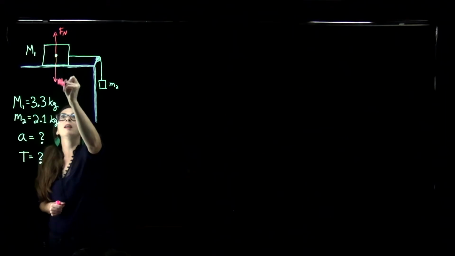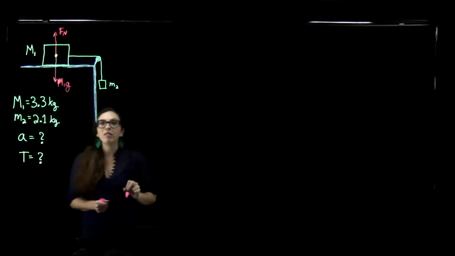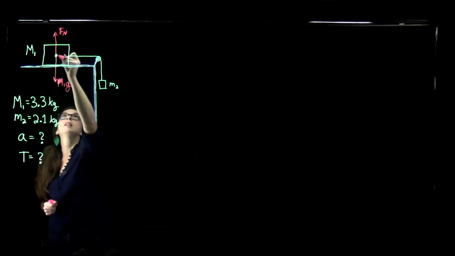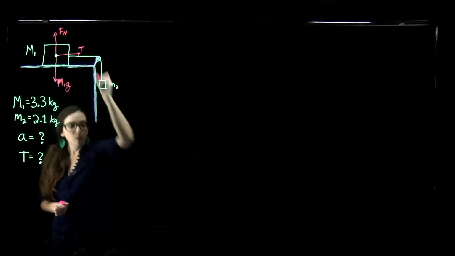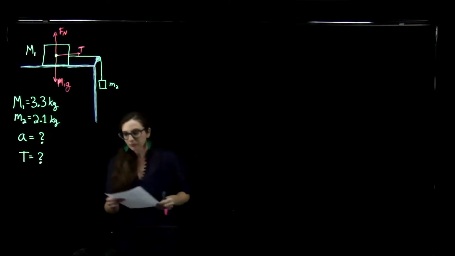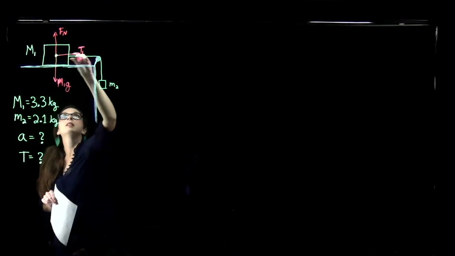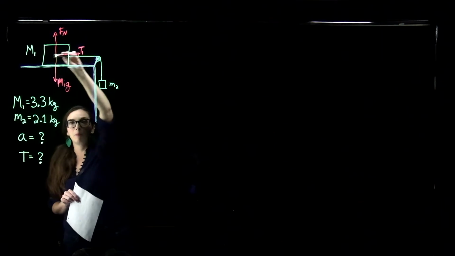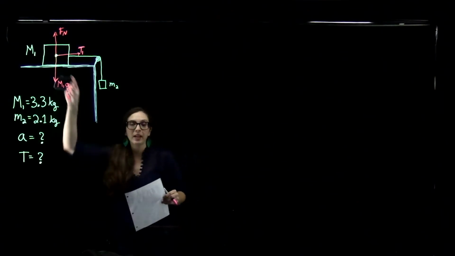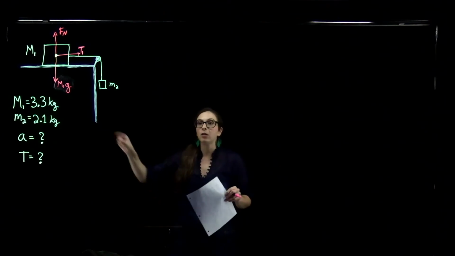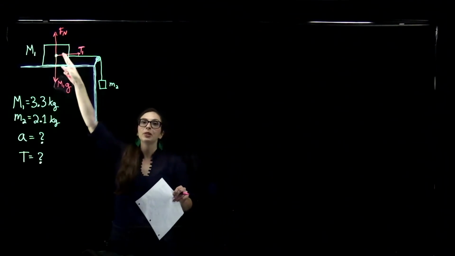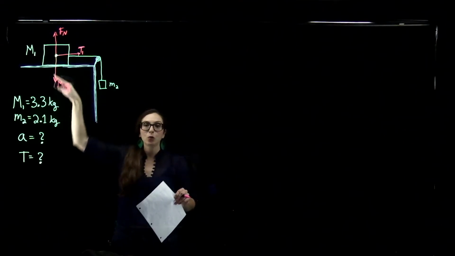We'll call it big M G. And then I have the tension on this cord. I'm going to call this T1 right here, the tension that's pulling on this big block here. So essentially in pink here, I drew in the free body diagram for mass 1. Normal force up, tension force this way, its weight down.